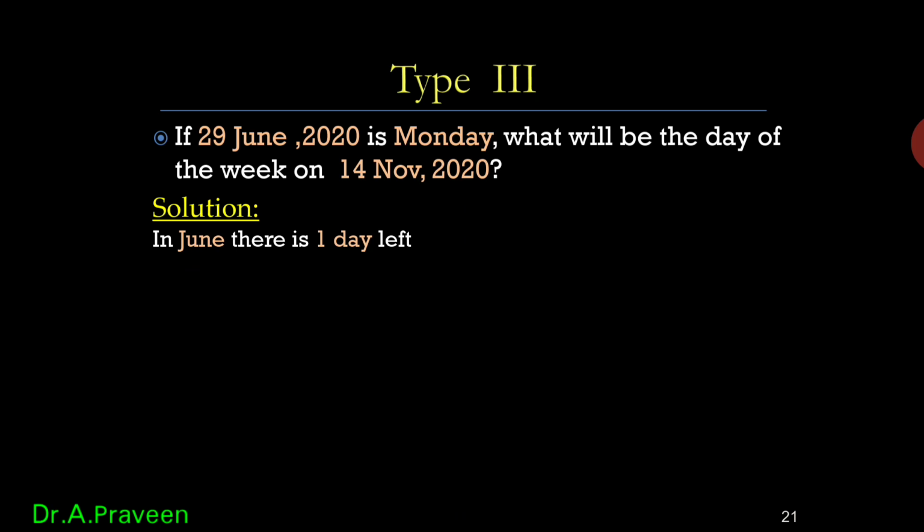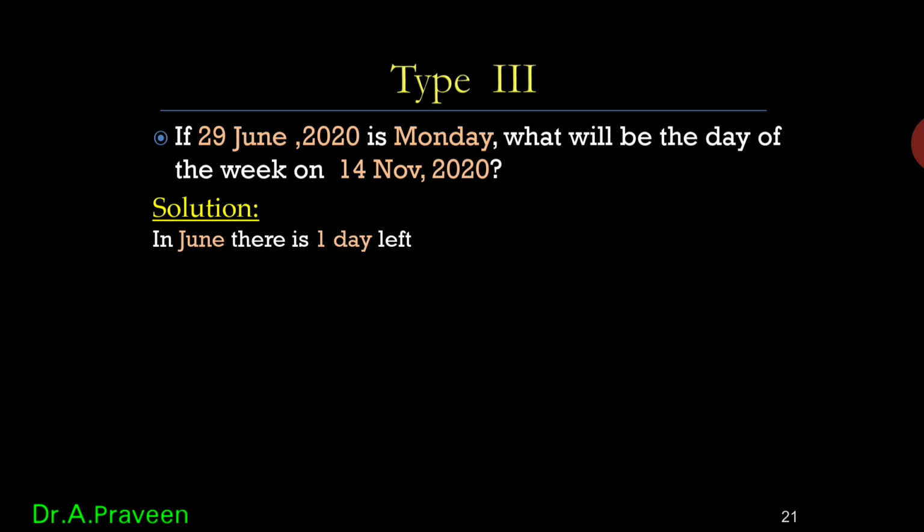Now we move to the month of July. We have to find the number of odd days in the month of July. Here I want to make an important note. Any month which has 31 days will have 3 odd days, and any month which has 30 days will have 2 odd days.